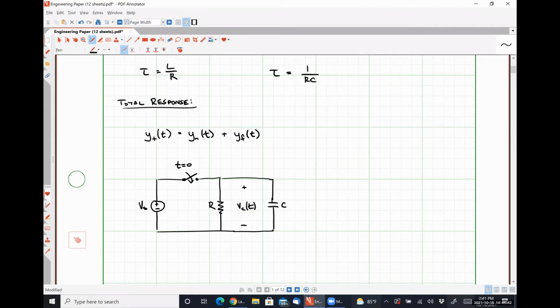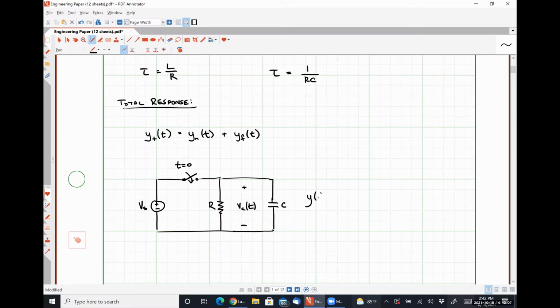That is the forced response. That voltage source is forcing the capacitor voltage to be Vs after a long period of time. Everybody okay with that? That's all the forced response is. It's just a DC value for the voltage at t equal to infinity, or a long time after the transient condition has occurred. Okay.